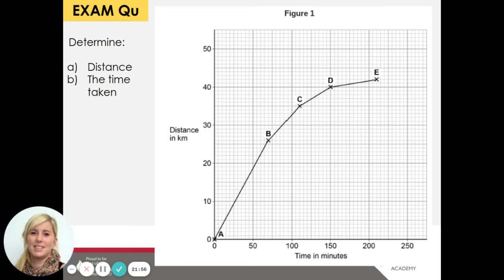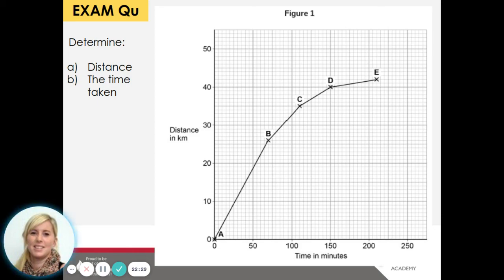Classic question. So for the distance from A to B, you should have 26 metres. For the time for A to B, you should have 70 minutes.